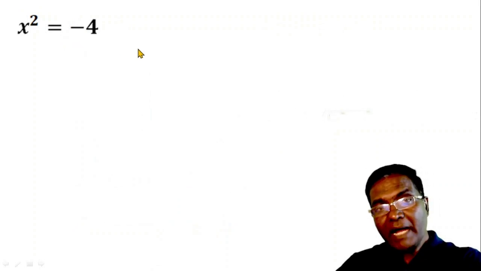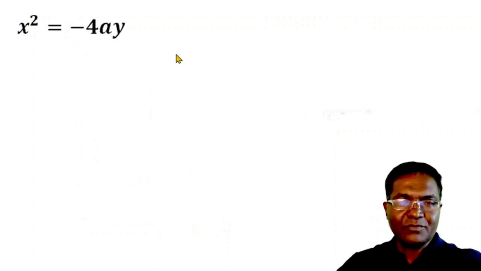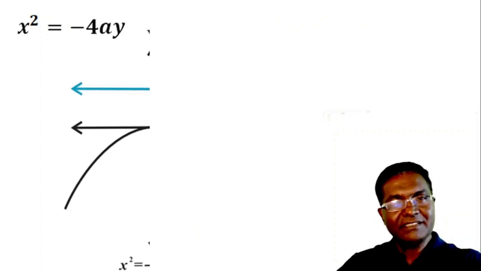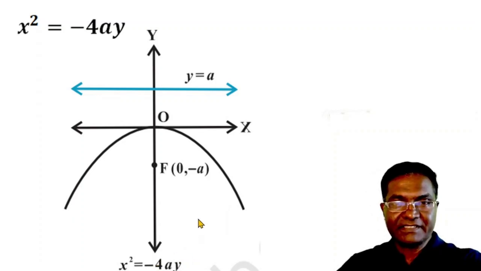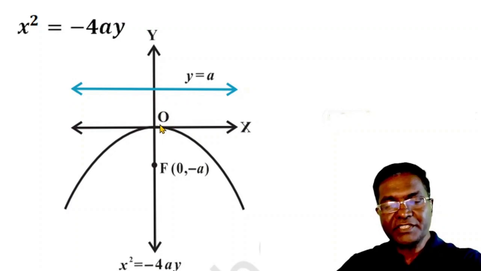We will have one more, x square equals minus 4ay. Can you tell me what its graphical nature is, how it will be? It bends towards the negative y-axis. So its focus is at (0, minus a), the directrix is y equals a, and the vertex is as usual at the origin (0, 0).